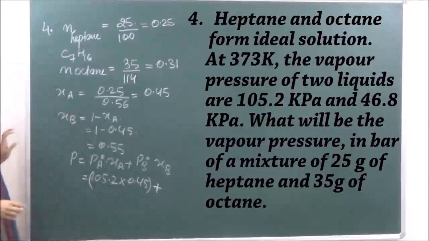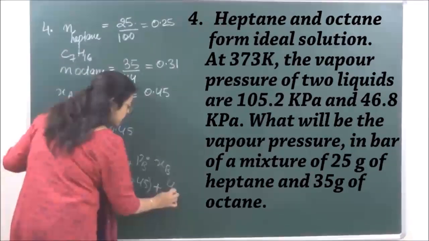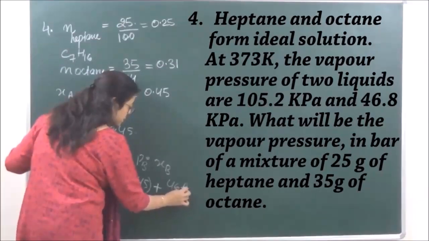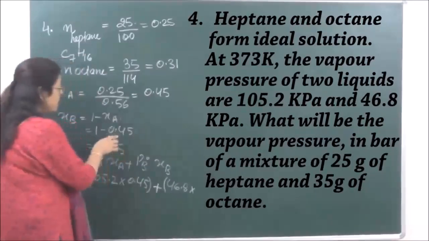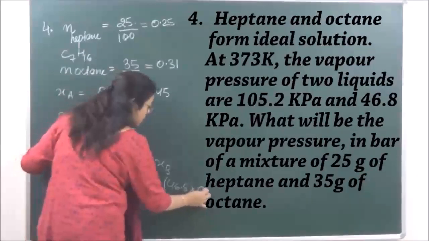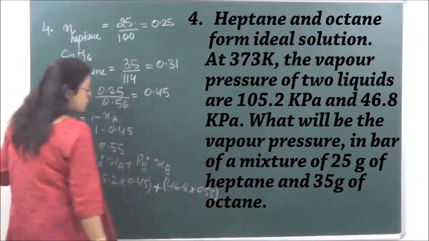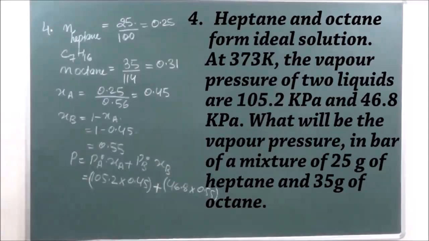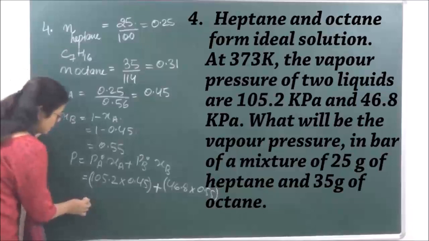Plus PB naught. PB naught given to us is 46.8. And XB is 0.55. This when calculated comes to 73.08 kilopascals.